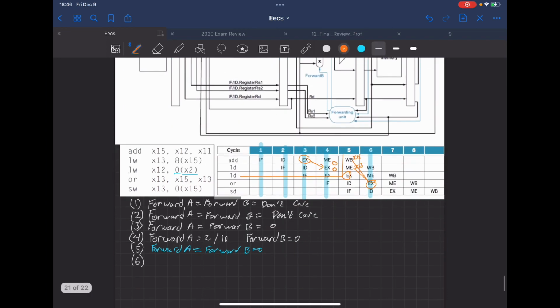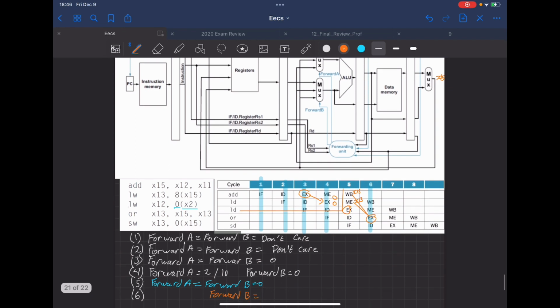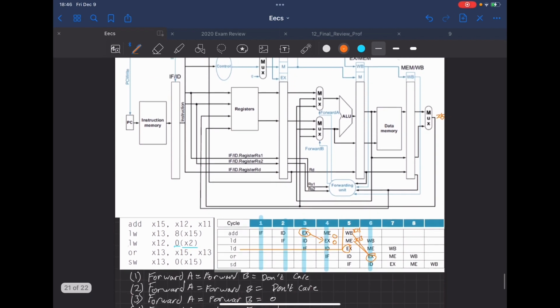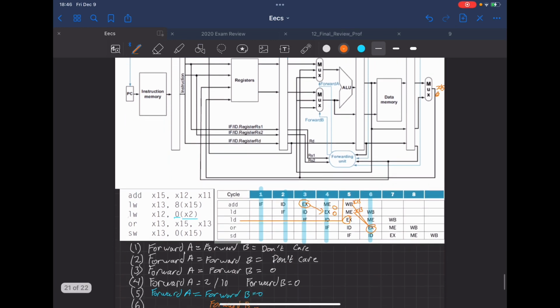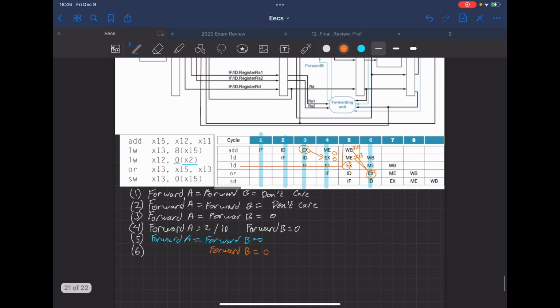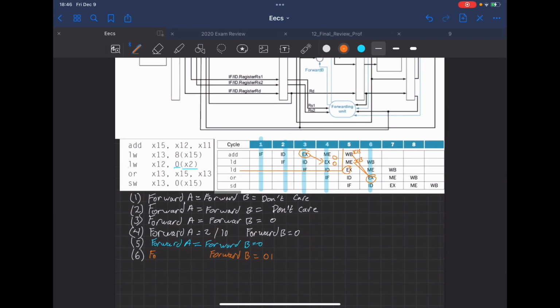Okay, so I'm going to write forward B equal to, I want access to that mux right there, and in order to get this result from the mem write back phase, or the second one, I have to write it as 0, 1.